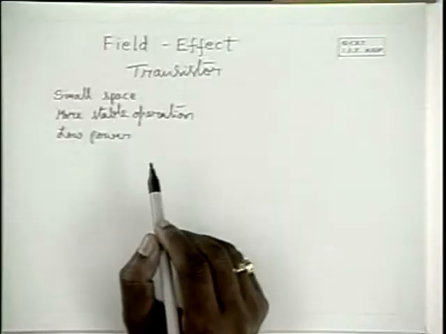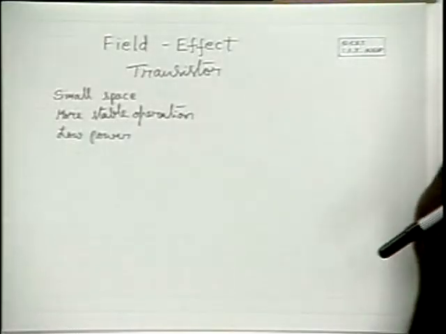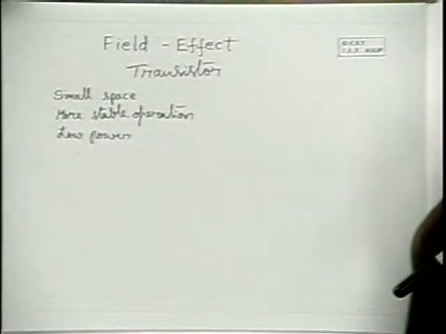And power. If each transistor consumes, say, 100 milliwatts of power, a million transistors consume 100 kilowatts of power. Imagine your home computer consuming that much power, or the calculator consuming that kind of power.